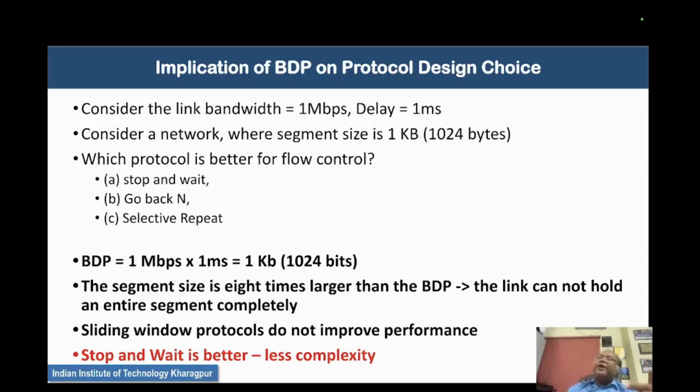So the BDP has a significant impact on the choice of the protocol that you take as a network engineer, and also on the design of your protocol, that means how much window size you will use if you are going to apply a sliding window based protocol. So BDP is a very important metric for your network design.